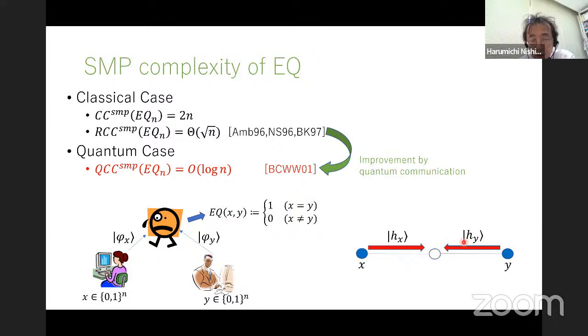Both guys send fingerprints and check the equality. This is an efficient protocol, even if there is no prover. But maybe even if there is a prover, the classical message case needs more than root n length, I think. So the classical case and quantum case have much difference even in the three node case.